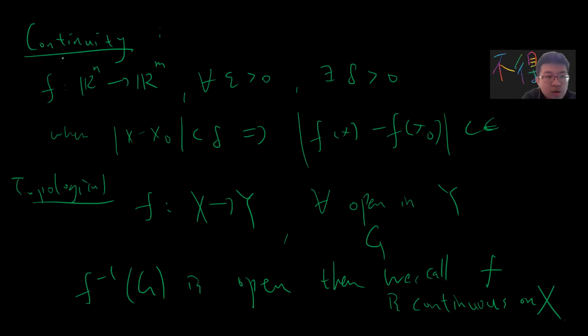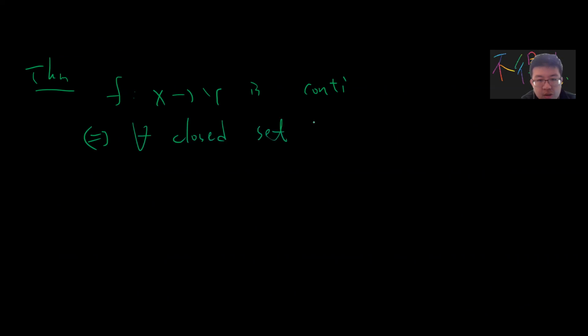Obviously it's different. It is trivial that f from X to Y is continuous if and only if for every closed set C, f inverse of C is also closed.